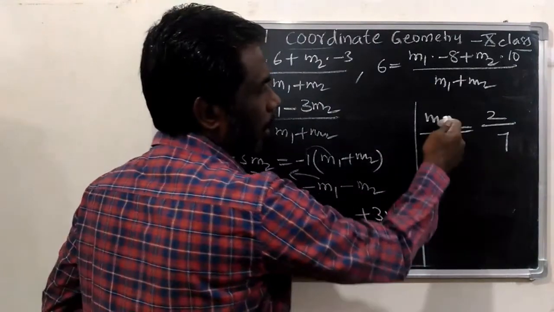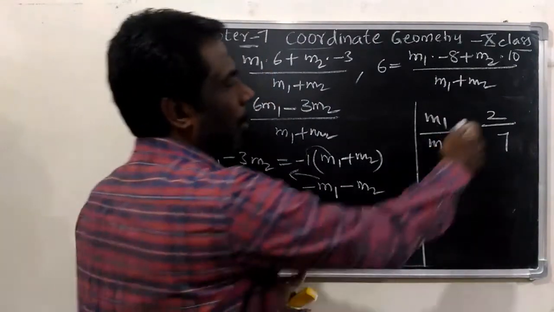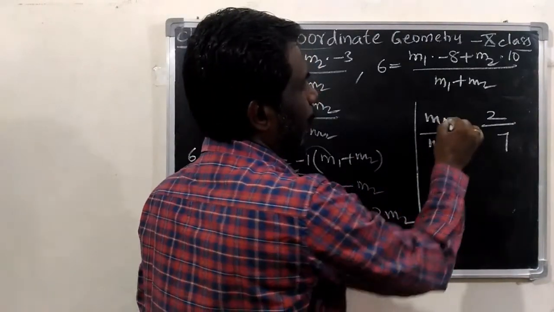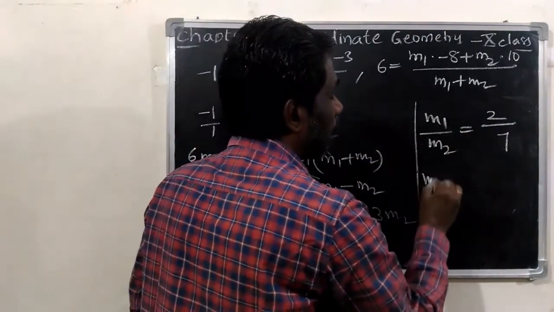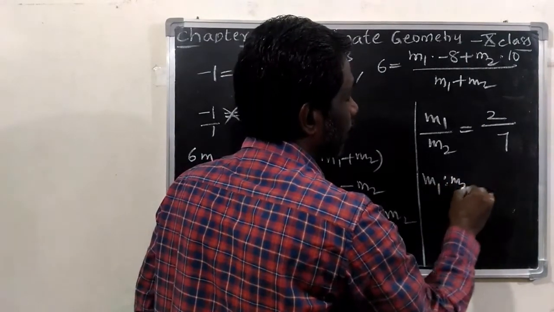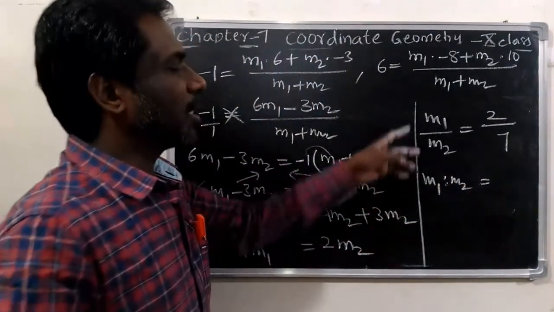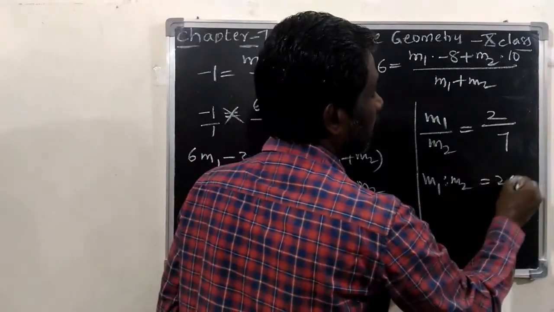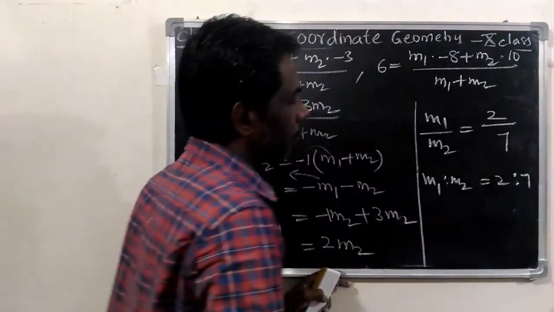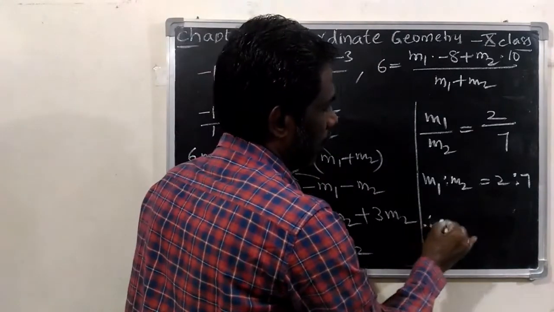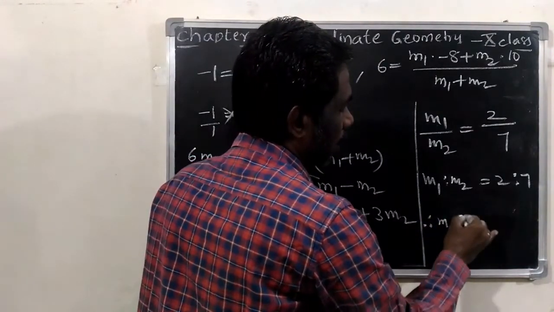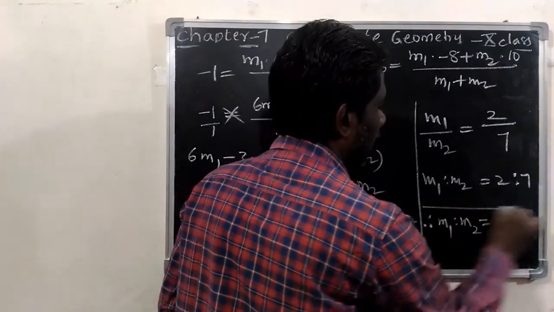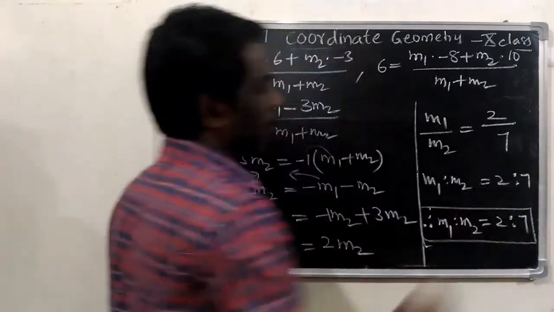See here, 7 into m1 is 7m1, equal to 2 into m2 is 2m2. Now m1 by m2 we can write as m1 is to m2. The fraction is nothing but a ratio. m1 is to m2 is 2 is to 7. So therefore the ratio m1 is to m2 is equal to 2 is to 7, which is the answer to this question.